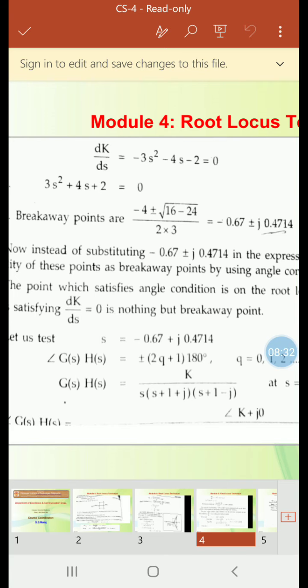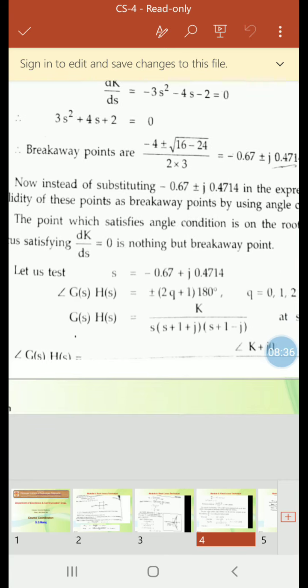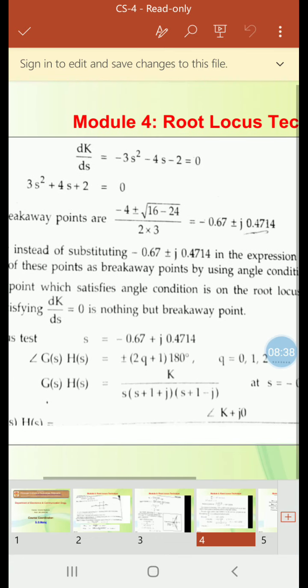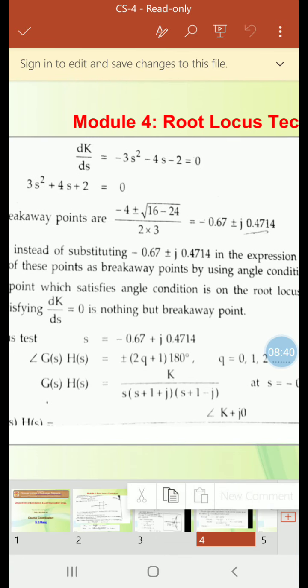The angle of G(s)H(s) is equal to plus or minus (2q plus 1) times 180 degrees. q should be taken 0, 1, 2. So G(s)H(s) will become K divided by s times (s plus 1 plus j) times (s plus 1 minus j) at s equal to minus 0.67 plus j 0.4714.